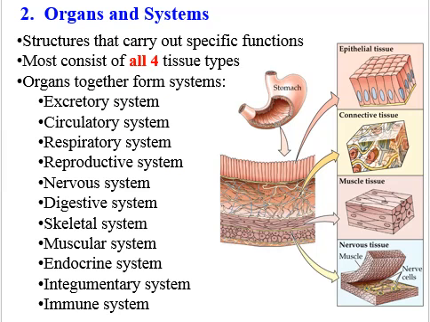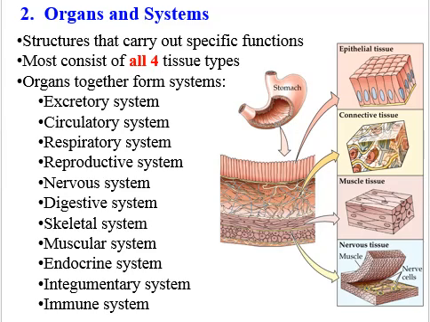You're all familiar with a number of different organs in the body: your kidney, your heart, your lung, your brain. If you looked at any one of these, this example here is the stomach, you'd find the same thing if you looked at the liver or some other organ as well.